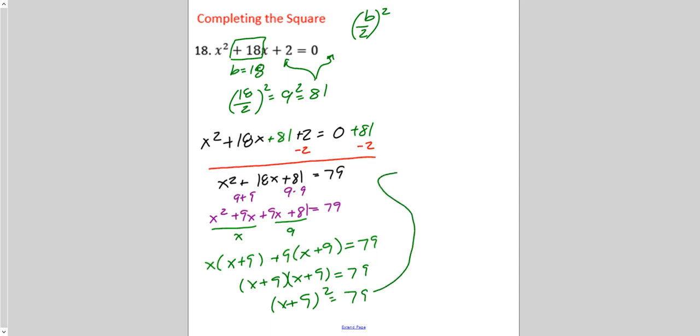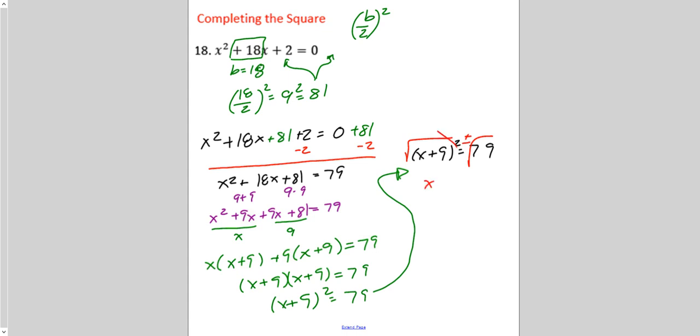Now I'm going to go up here to this side of my writing space, and I'm going to go ahead and solve. So we have x plus 9 squared equals 79. The opposite of a square is taking the square root. So the square root will cancel out the square.